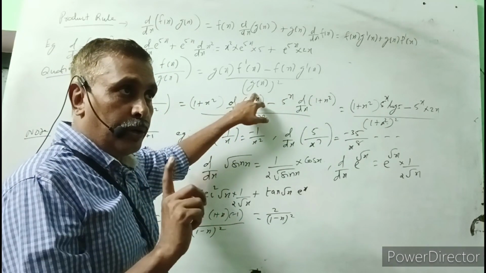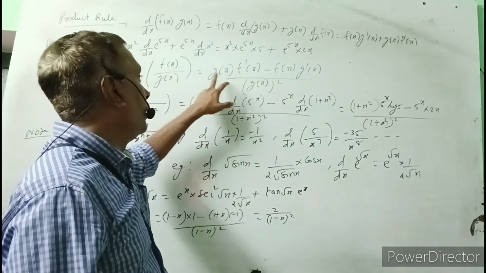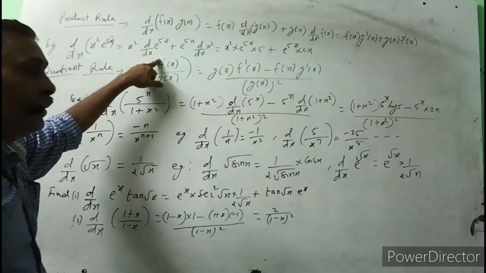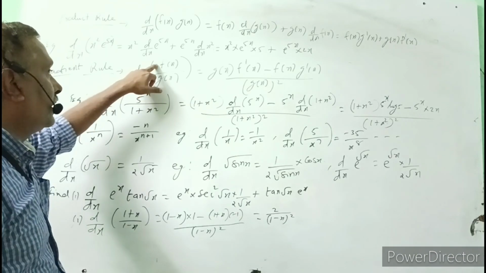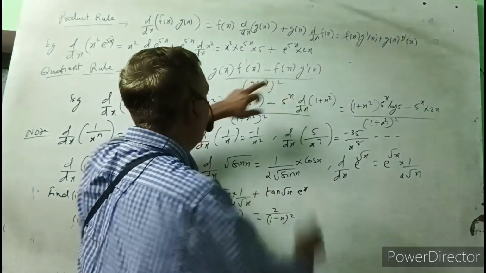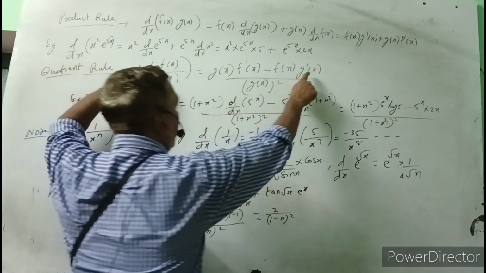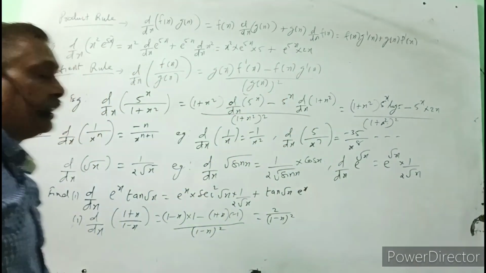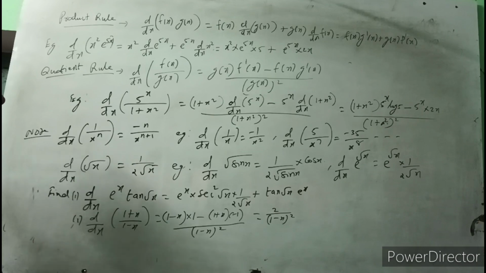It is the denominator square, not the derivative square. So that is written g of x into f dash x minus f of x into g dash x, divided by g of x whole square. F dash x and g dash x are the derivatives of f of x and g of x respectively.